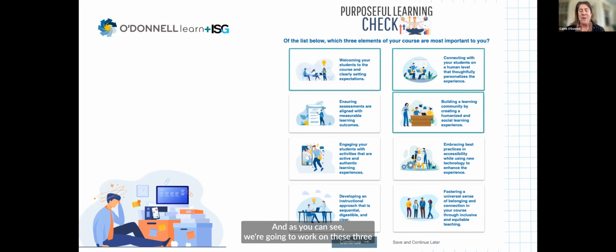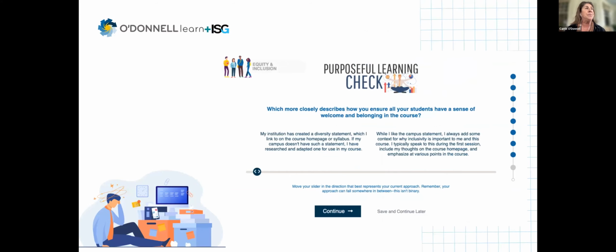As you can see, we're going to work on these 3: connecting with your students on a human level and thoughtfully personalizing the experience, and building a learning community by creating a humanized and social learning experience. So these are 3 very community-focused, humanized, inclusive elements that this particular faculty member is going to look at. So let's keep going, Brett.